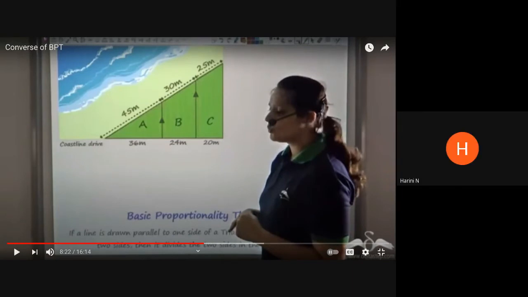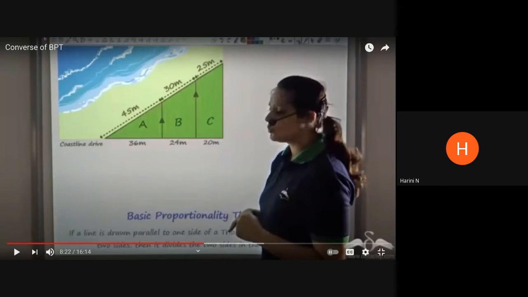I hope you understood how the basic proportionality theorem is used in a daily life situation where you decide on the price of a plot which is facing the sea front, that is the coastal line. If it is more, the price will be more. If the coastal line is less, the price is lower. You saw that it was 45, 30 and 25 for the three properties A, B and C. So based on the coastal line, the plot will be sold at a higher or lower price.